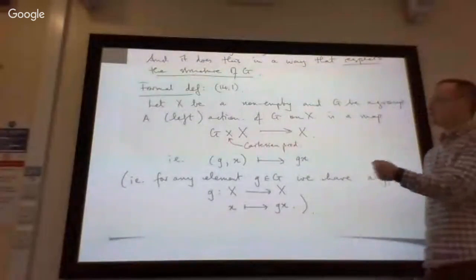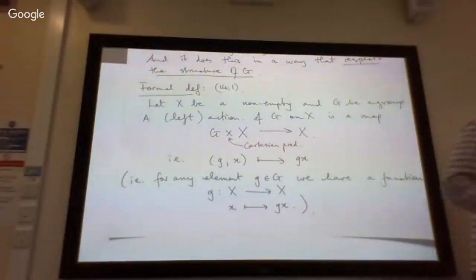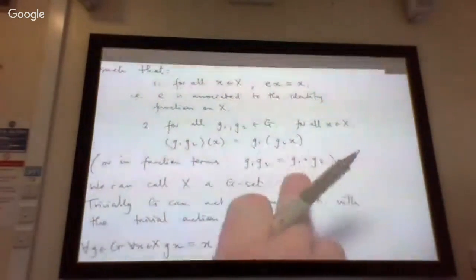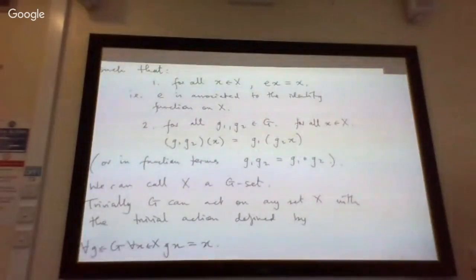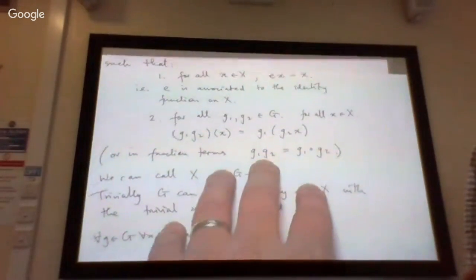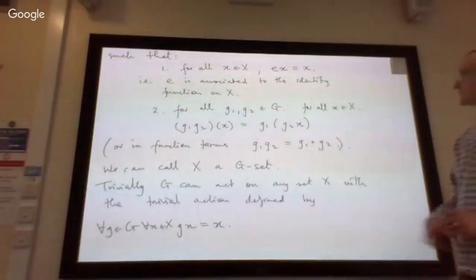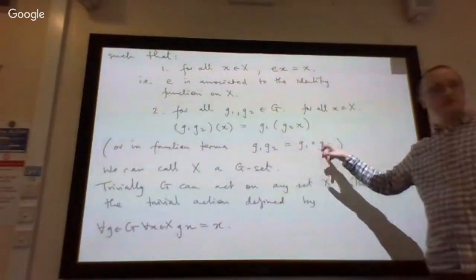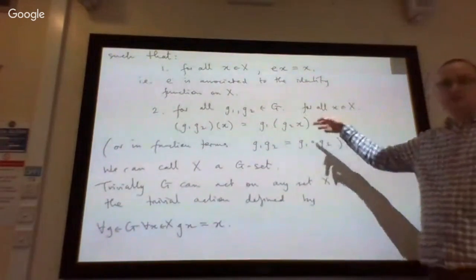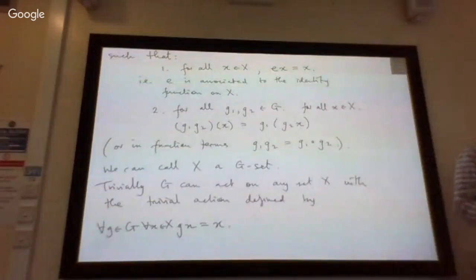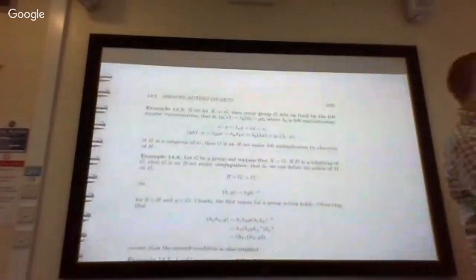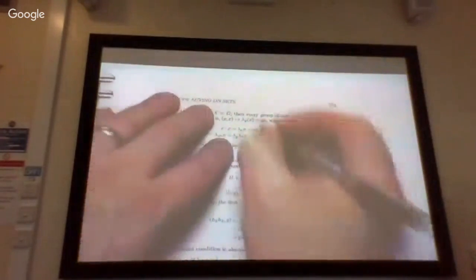And those functions, under composition of functions, have this nice gelling with the group operation. Okay, that the function associated to G1 times G2 is exactly the composition of the functions associated to G2 and G1. Okay. And the next two examples are kind of funny when you first see them, because these are self-actions.